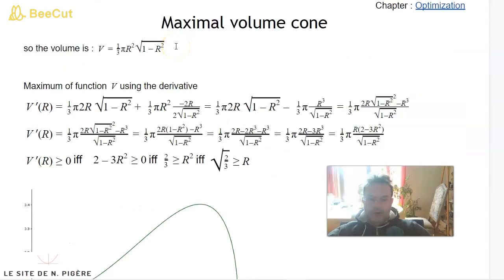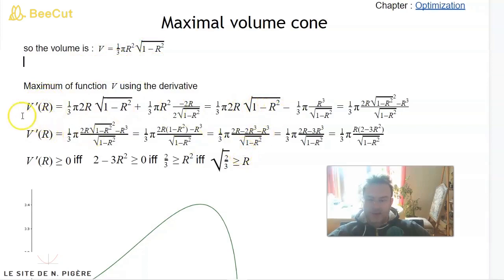So what's the problem now? We've got a function of r and we want to maximize it. And as we usually do, we're going to find the derivative of this function and study the variations of the function. But the problem is, this function is quite complicated. We've got r squared here, we've got a square root, we've got a product, and this is going to be a difficult calculation.